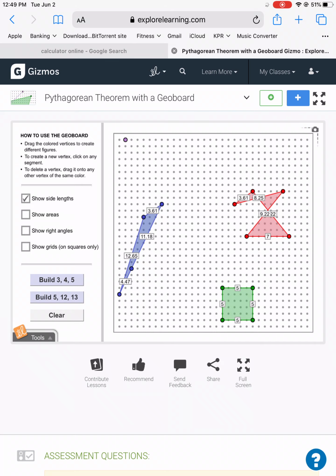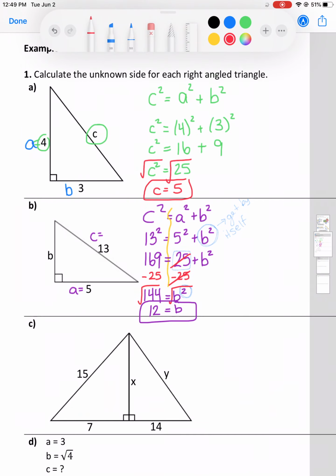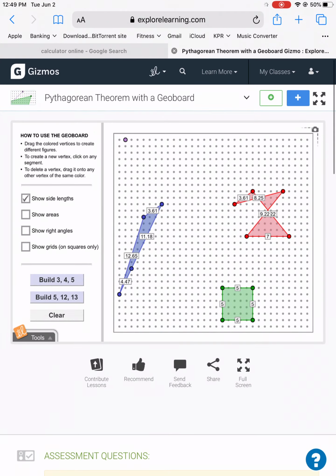My hypotenuse is 13. So I'm going to put that up there, and I'm going to make it so this side length, oh my goodness. It's very finicky, this guy.